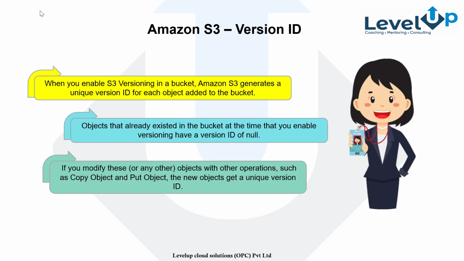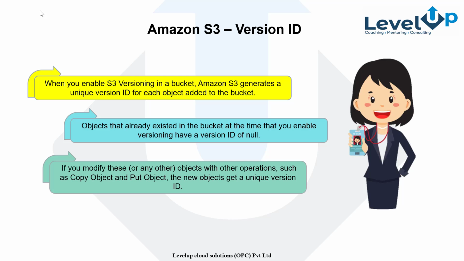So basically, if you want to work with the feature called versioning, first of all, we have to enable S3 versioning on the bucket. Now, by default, versioning is not enabled. You have to enable the versioning. Objects that already existed in the bucket at the time that you enable versioning have a version ID of null.